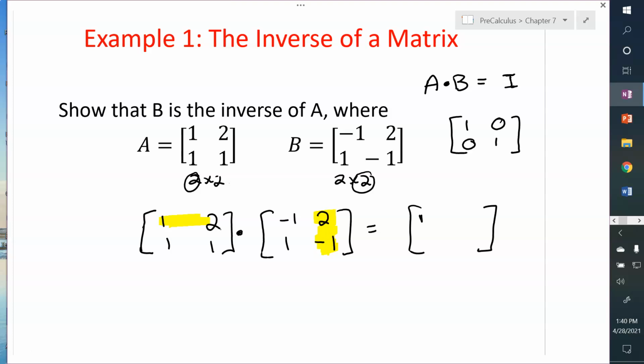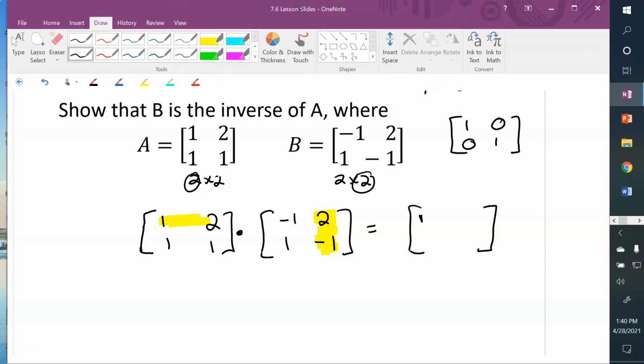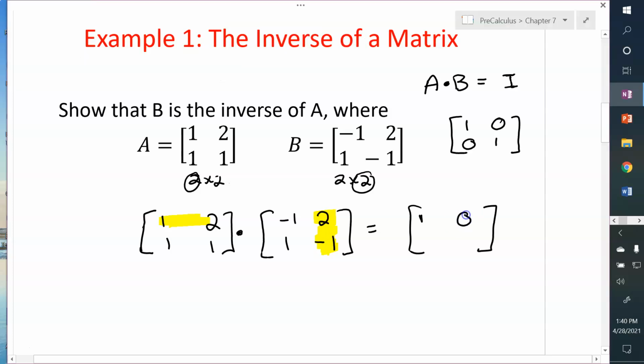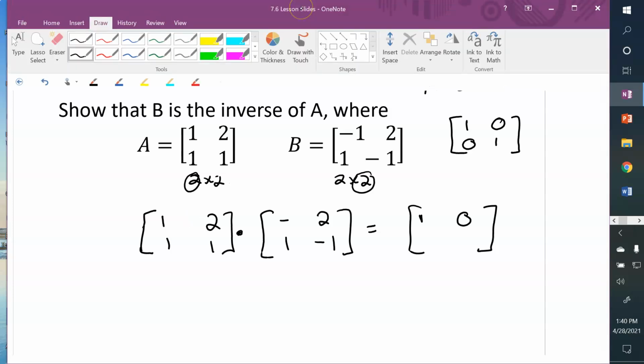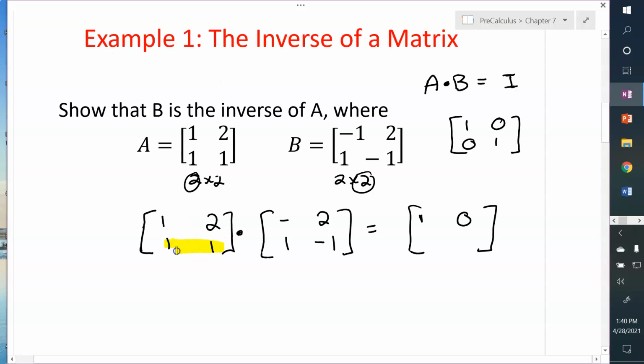And then I'm going to add to that 2 times negative 1, which is negative 2. So that's going to give me a 0. And then I'm going to do the same thing now. I'm going to do second row times first column.